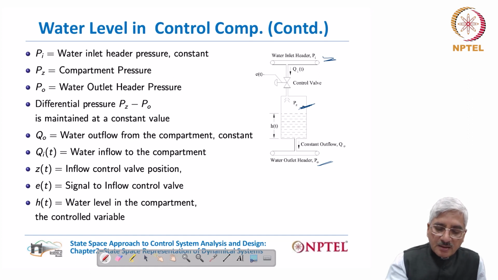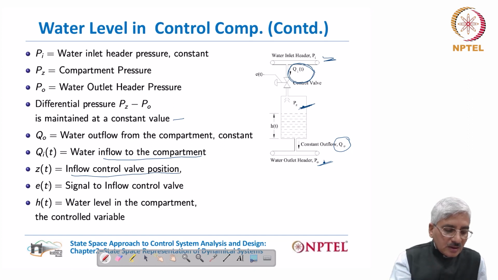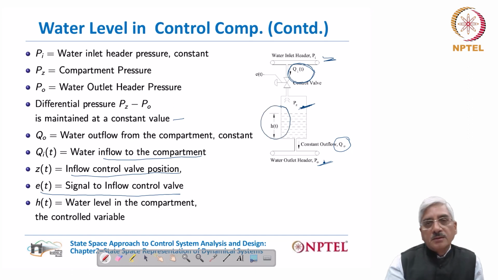Differential pressure Pz minus Po is maintained at a constant value, as I said. And so the water outflow Qo is constant. Qi is the time varying input quantity dependent on the valve position. So it is the water inflow to the compartment. Z is the inflow control valve position. E is the signal impressed to the control valve. This is the input. And H is the water level in the compartment.